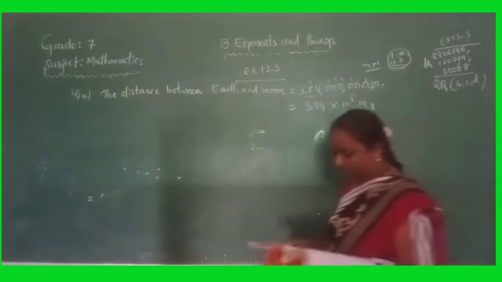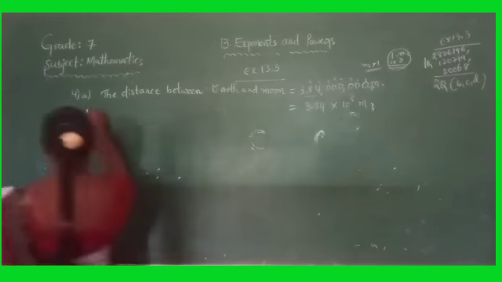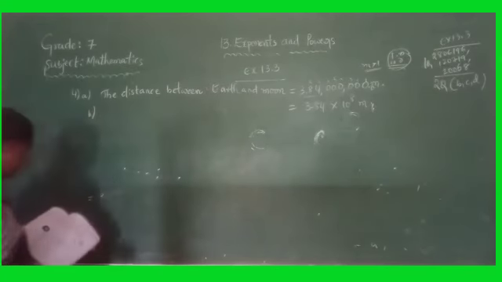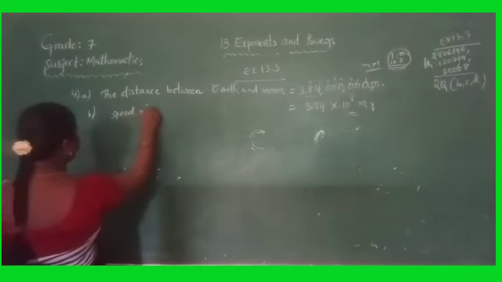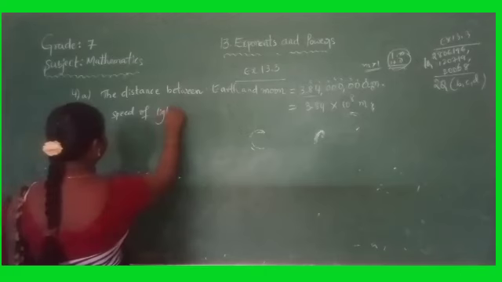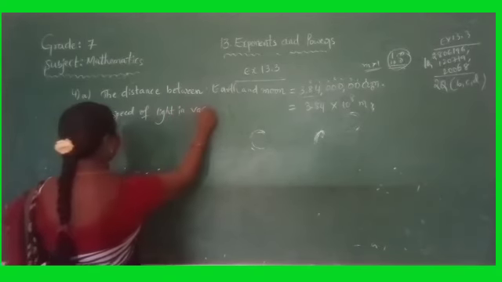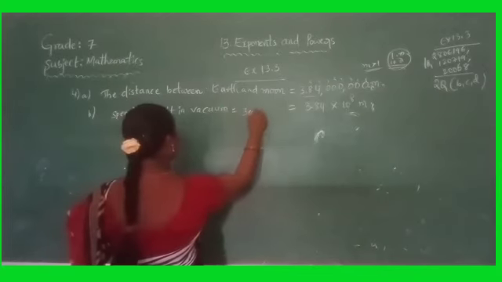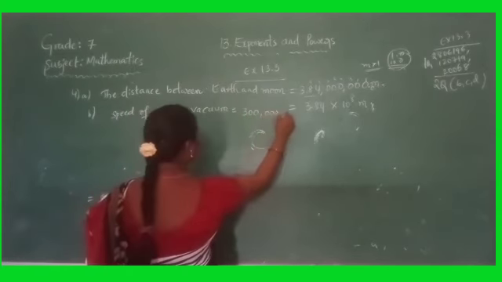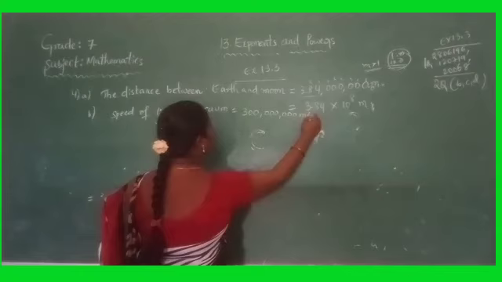Yes. Right. Similarly, second one, speed of light in vacuum. What is the speed of light in vacuum? It is 300000000 meters per second.